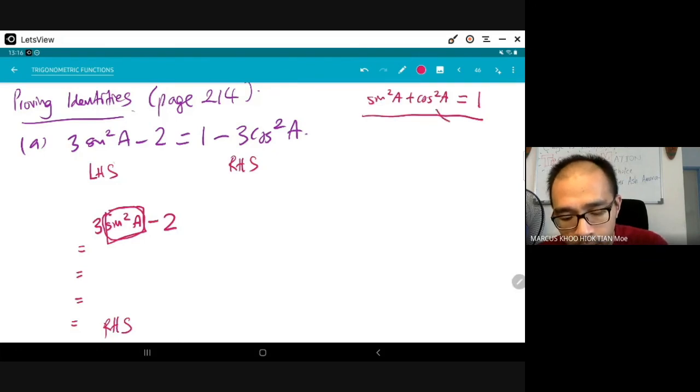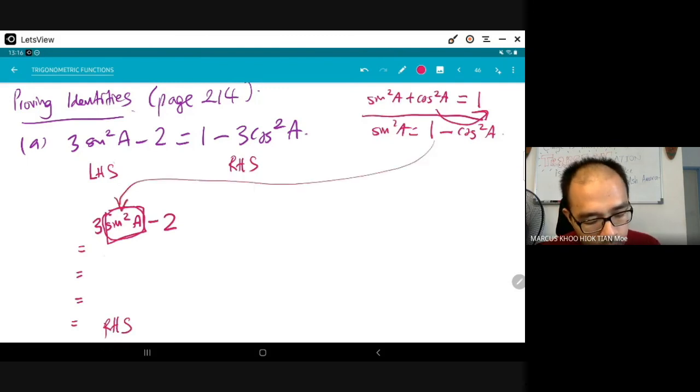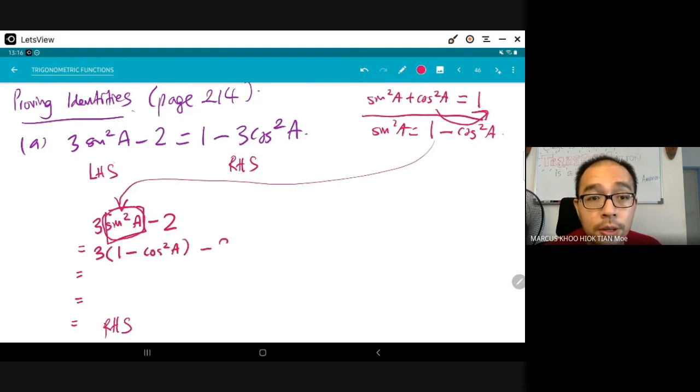So moving cos squared A over, I will get sine squared A equals 1 minus cos squared A. Then I can bring this in here. So 3 times 1 minus cos squared A minus 2.